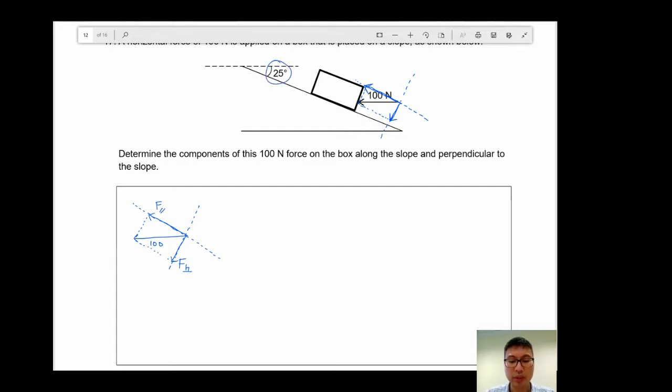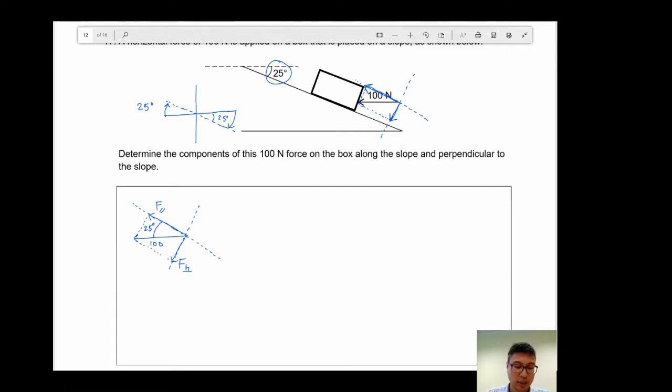We have an angle here which is 25 degrees. How do we transfer it over? So here is the slope. This angle is 25 degrees. So the horizontal has been tilted down by 25 degrees. So that means to say this side has been tilted up by 25 degrees. So the horizontal has been tilted up by 25 degrees.